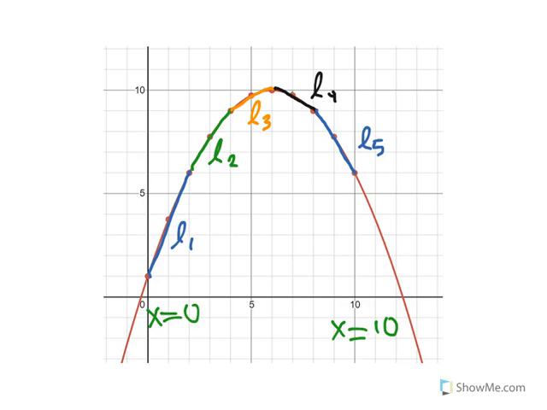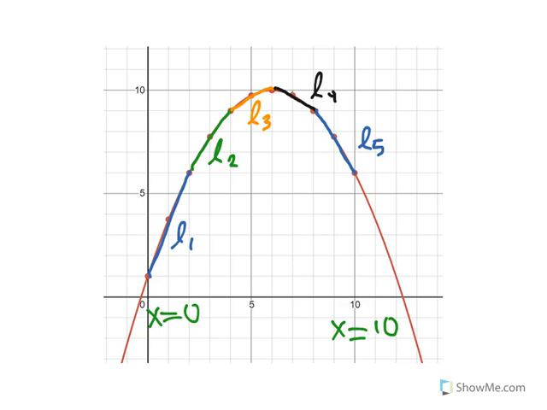And then we're going to take the limit of that Riemann sum as the width of each subinterval approaches 0. We will say as the norm of the partition approaches 0, and that's going to give us the definite integral.